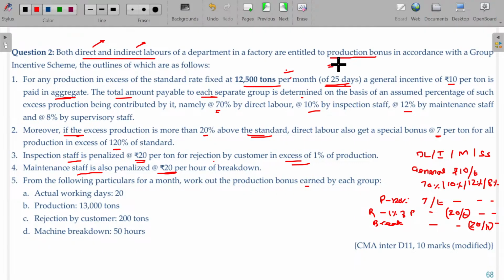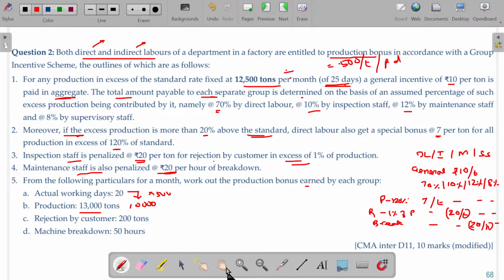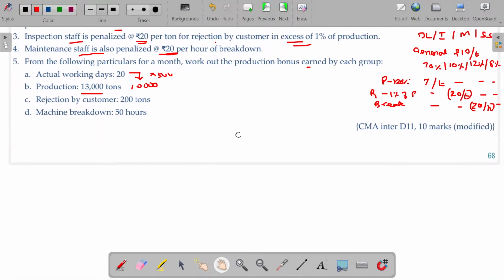So roughly how much? 500 per day, am I right? Then for 20 days you have to multiply by 500, meaning you need to produce only 10,000. But the actual production is 13,000. Now I can calculate from here.